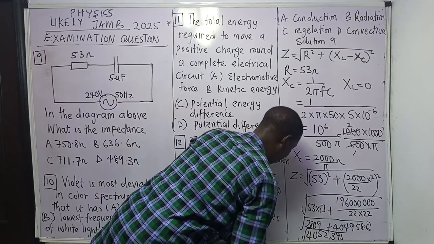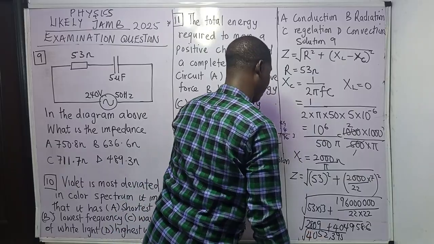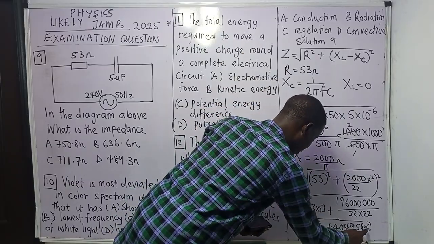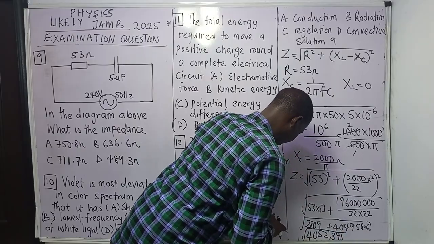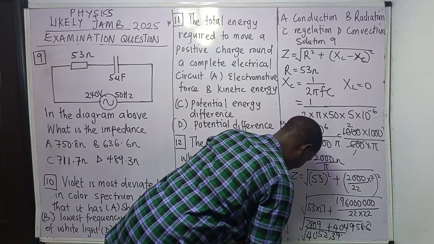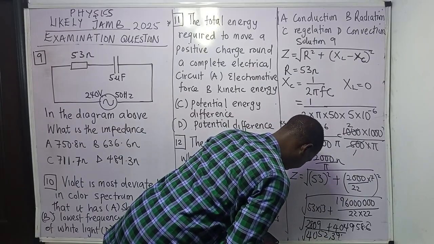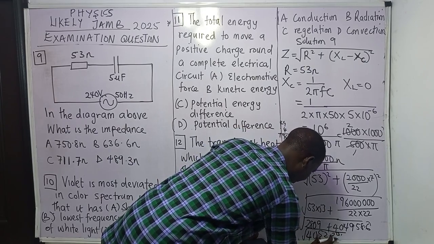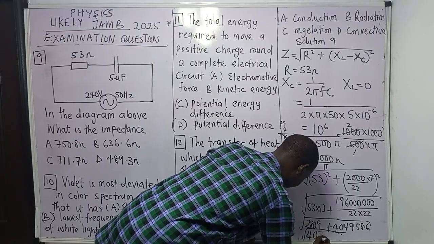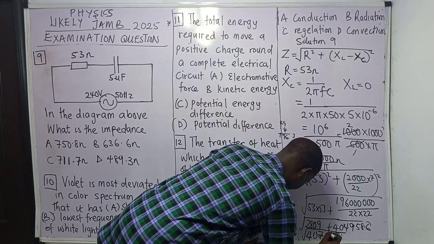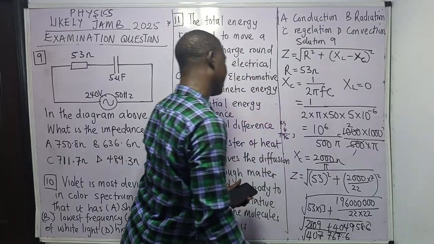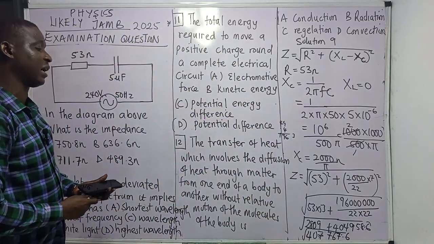Now, this is about 405, that is about 0.5, so it should be 407. That is 0.6. That is 0.404, 407, 767.6. Now, if you check, this is about 407,000.